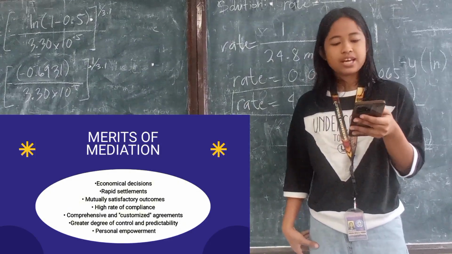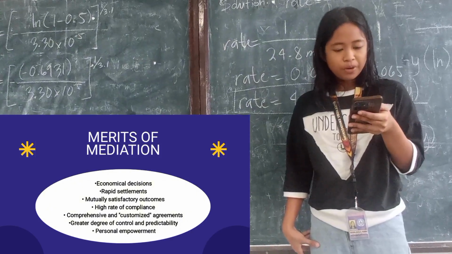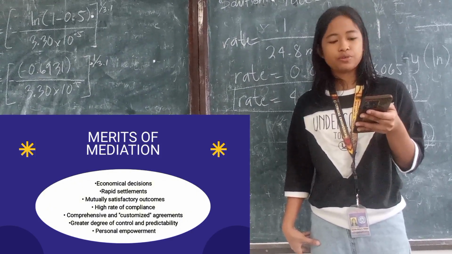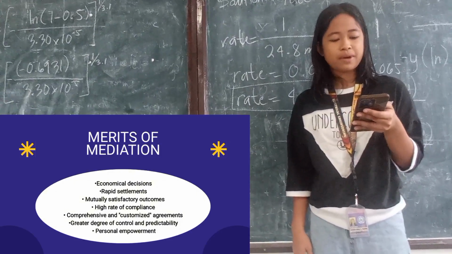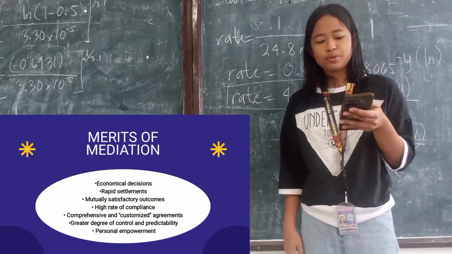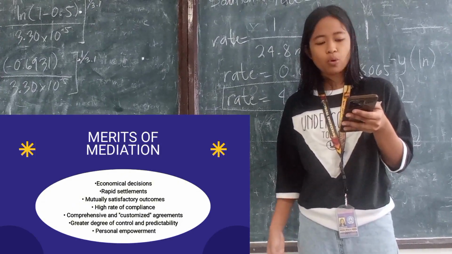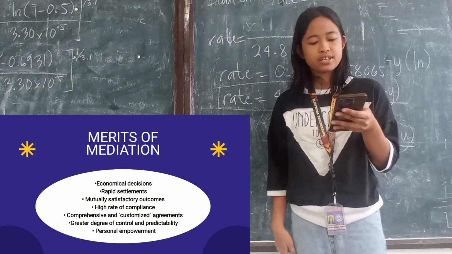The fourth one is high rate of compliance. Since both parties agree on the solution, they are more likely to follow through. Number 5. Comprehensive and customized agreements. The solution can be tailored to fit the specific needs of both sides. Number 6.